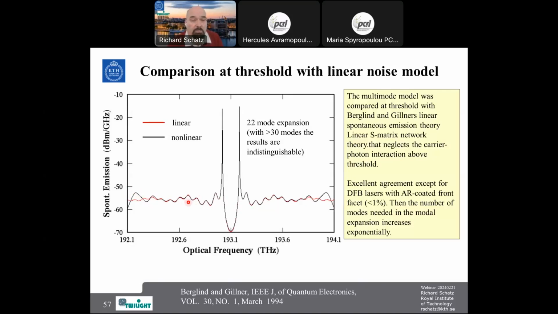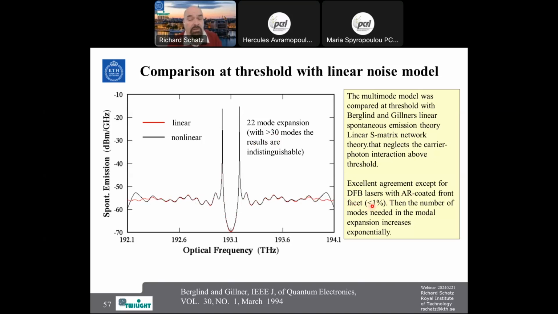But that's when I use only 22 modes. If I use more than 30 modes, you cannot see any difference between a linear and nonlinear model when you are at threshold, because then they exactly agree. For most lasers, it's only for DFB lasers with AR-coated front facet that the modally resolved model doesn't really converge well. You need exponentially more modes the lower the reflectivity.